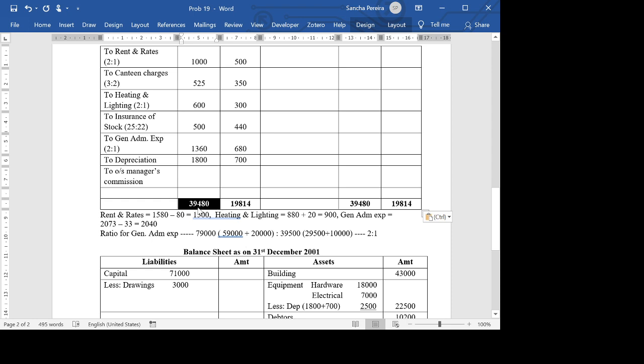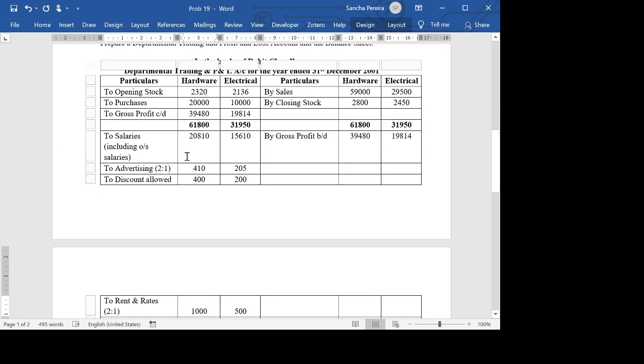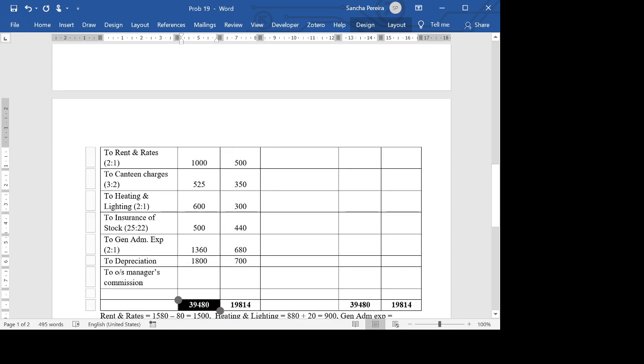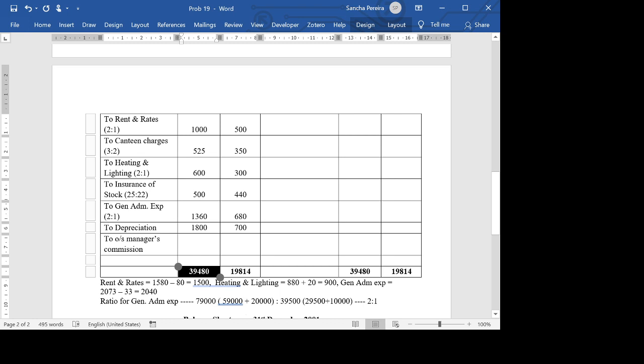So first for hardware, 39,480 minus all those expenses, starting with salaries 1,810 minus 525 minus 1,100 minus 1,360 minus 1,800.